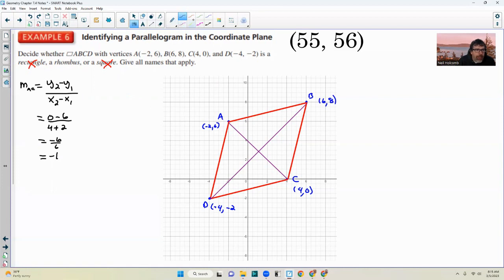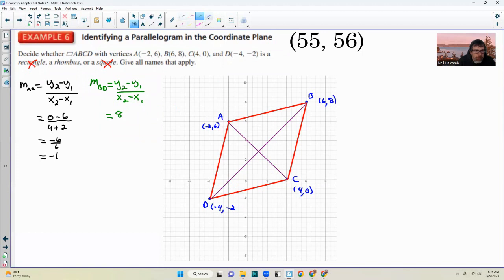So now I'm going to find the slope of BD. I want to check to see if these two are perpendicular. Remember, perpendicular slopes are negative reciprocals. So what's the slope of BD? I'm going to write the formula. Y2 minus y1 divided by x2 minus x1. Y2 is 8.